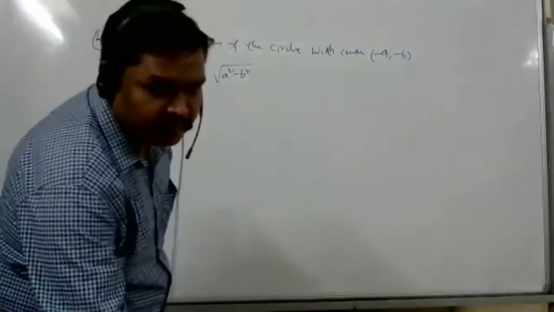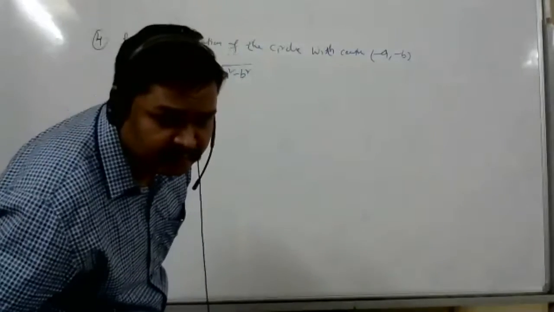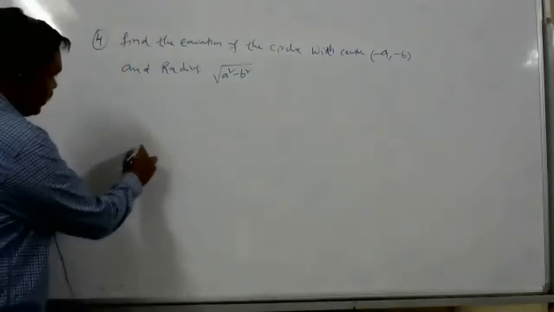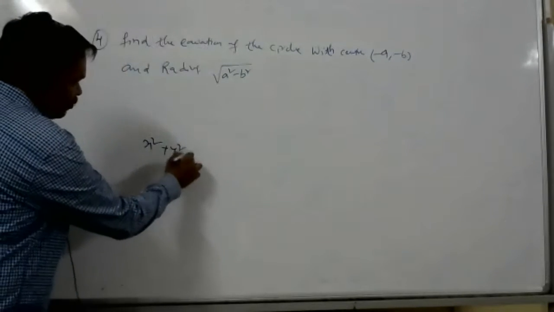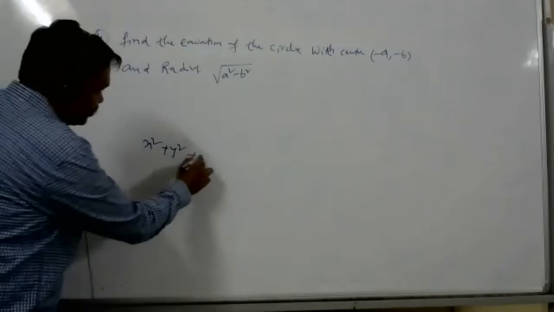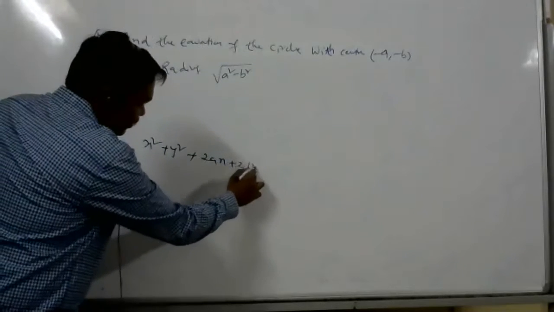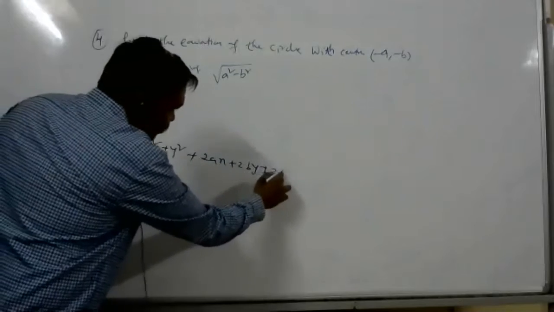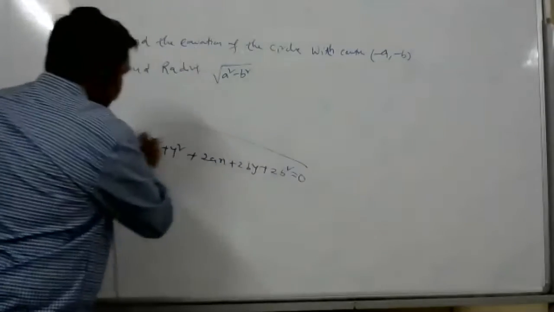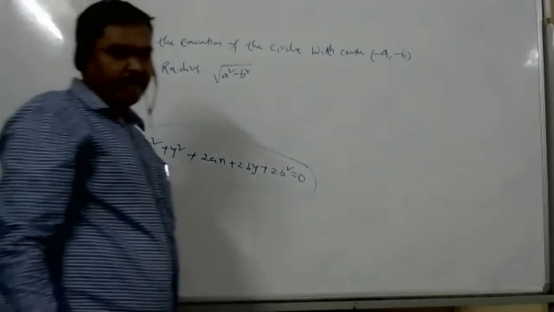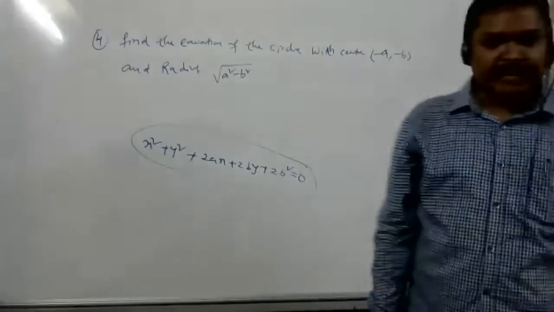So what's the answer? The answer: x square plus y square plus 2ax plus 2by plus 2b square is equal to 0. Yes, sir. Correct?